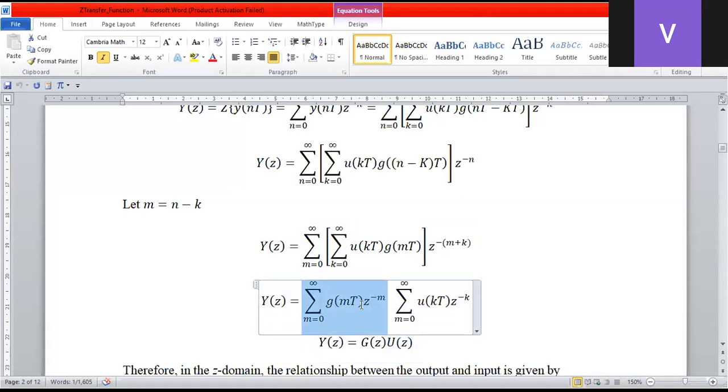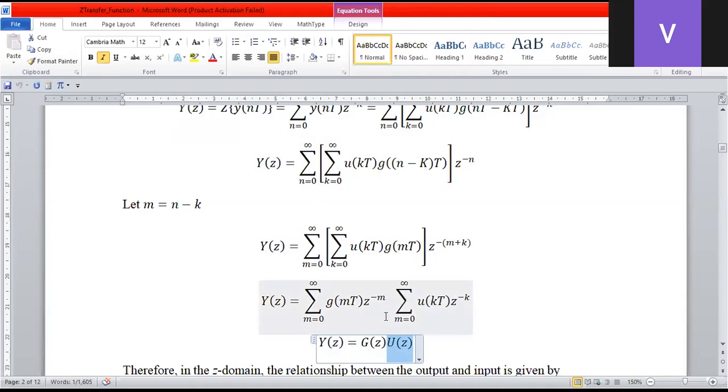Because this is our definition of Z transform for G, and this is our definition of Z transform for U. So that means that the Z transform of Y is equal to the Z transform of G multiplied by the Z transform of U.